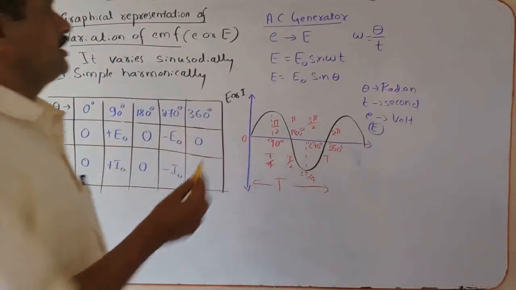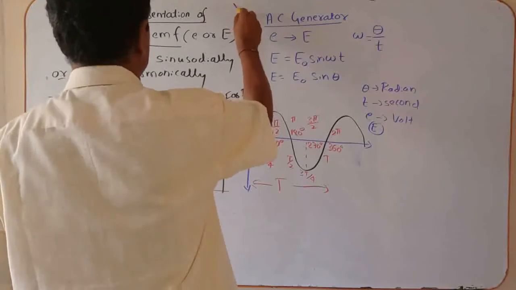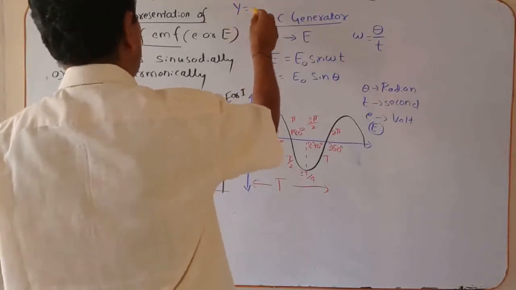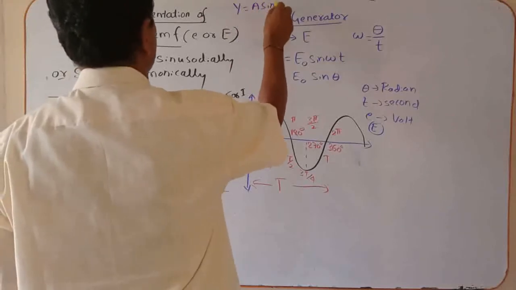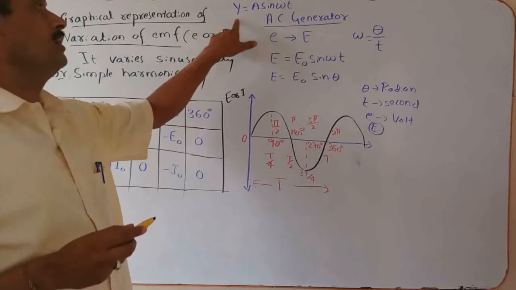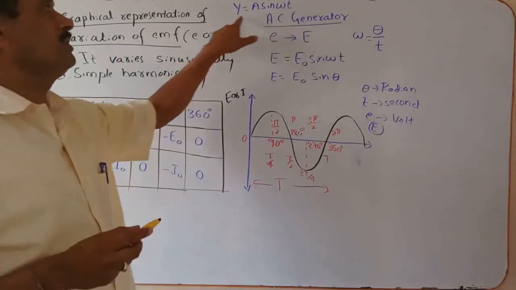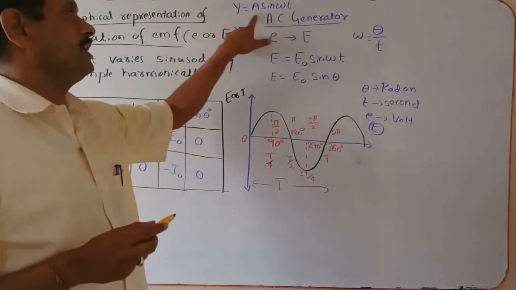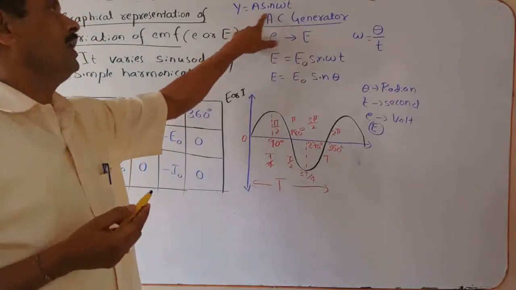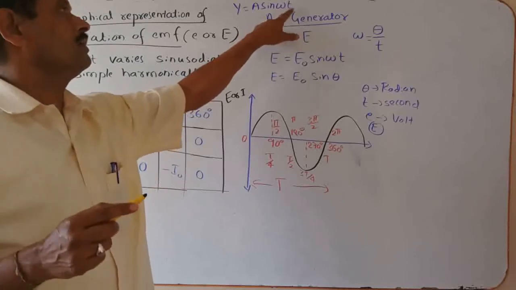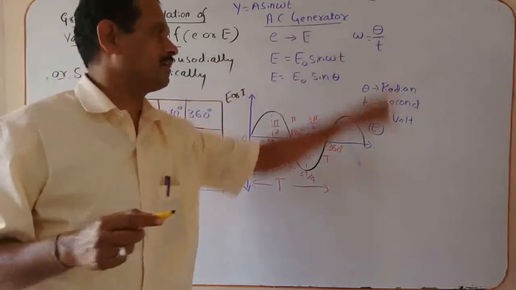You know the expression for simple harmonic motion, the displacement at any instant of time: y is equal to a sine omega t. This you already studied in PUC first year. A is the amplitude, omega is the angular velocity, and theta is the angular displacement.